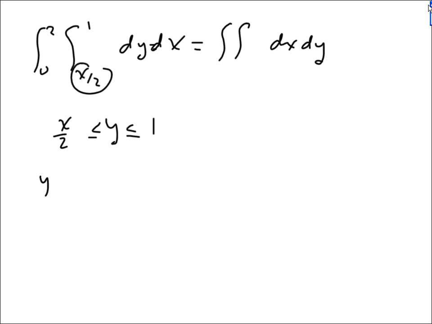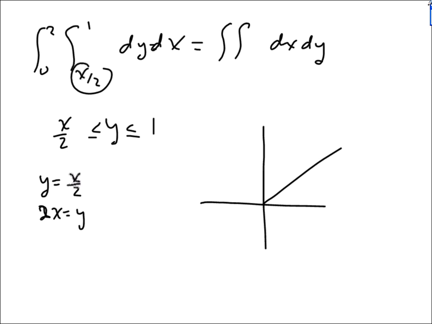Now, if y is equal to x over 2, that means y equals a half x. That looks like this. And it goes up to 1. Now, what you need to be careful about is whether the area is where I put the x, or the upper half of this triangular region.